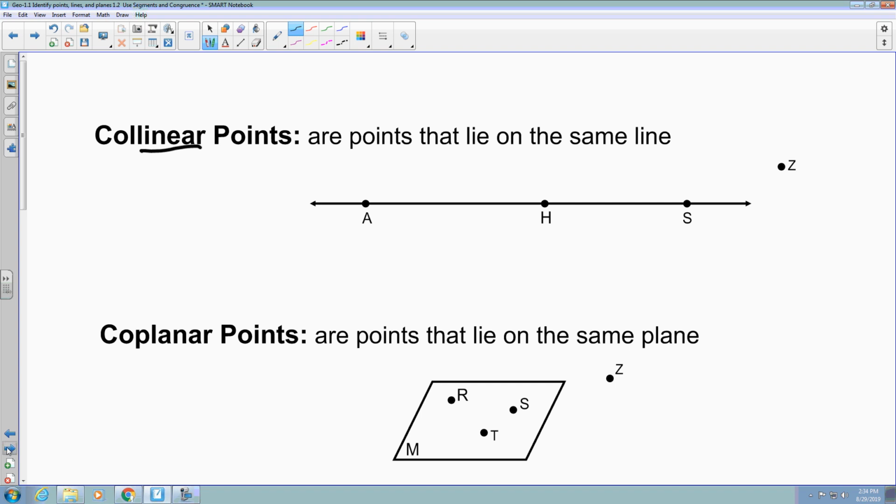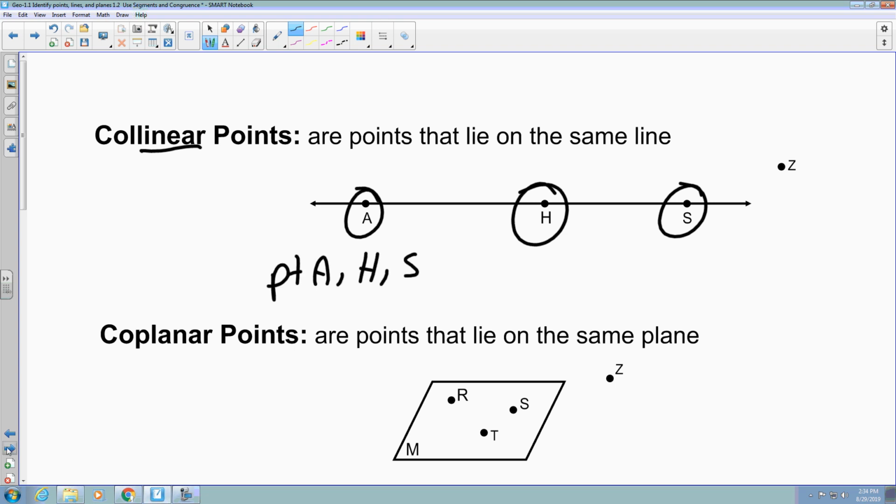If you go back to your algebra, a linear equation was y equals mx plus b, and you drew a line. Think about that as the difference between trying to find a line and a plane. If you notice, we have A, H, and S. Points A, H, and S are all collinear.